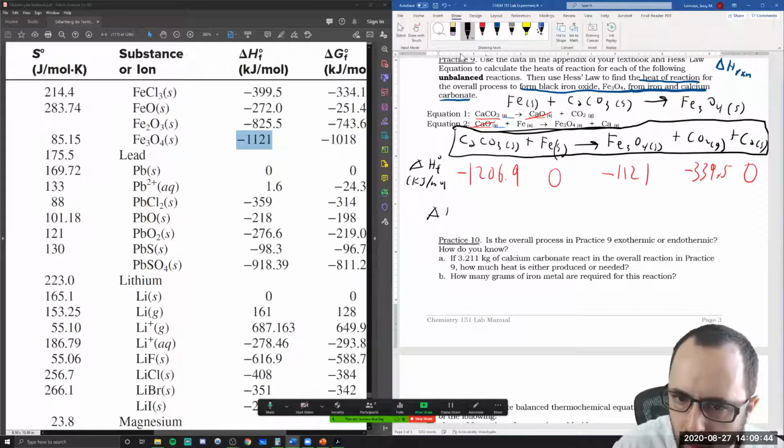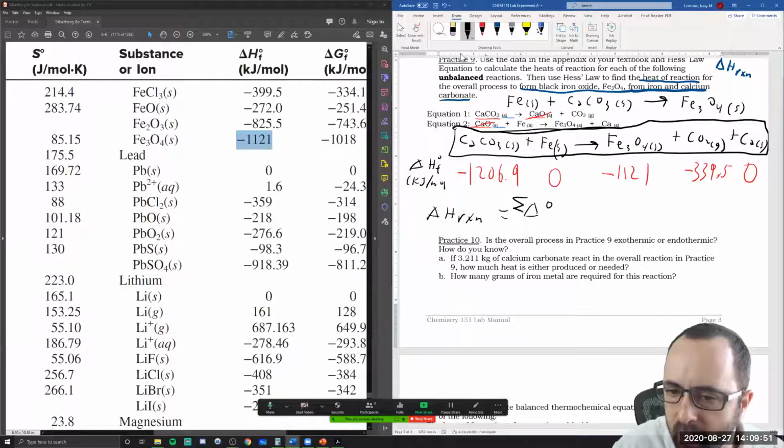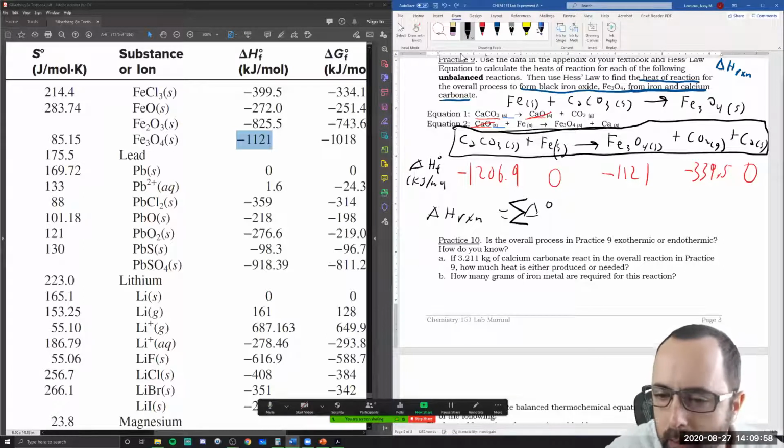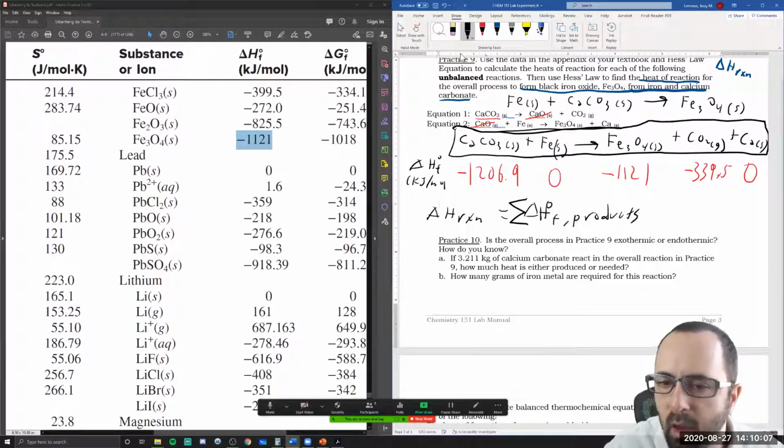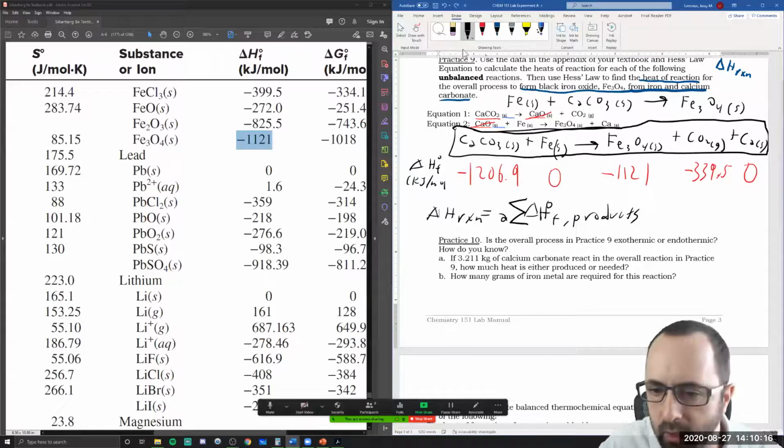Now, the way to get the delta H of the reaction is this way. Delta H of the reaction equals the difference of the sums, so that's indicated by this big Greek sigma. The sum of the delta H of formation of the products times the coefficient in their balanced equations. So we'll call those M. Oops, I should put that inside.